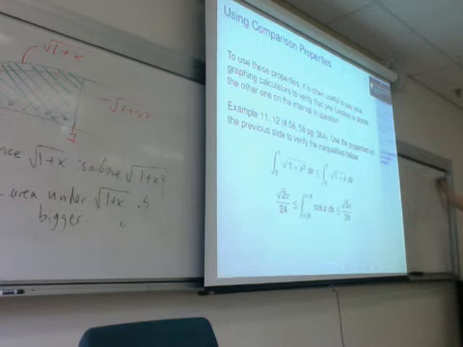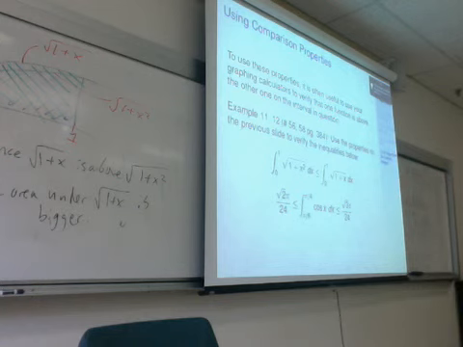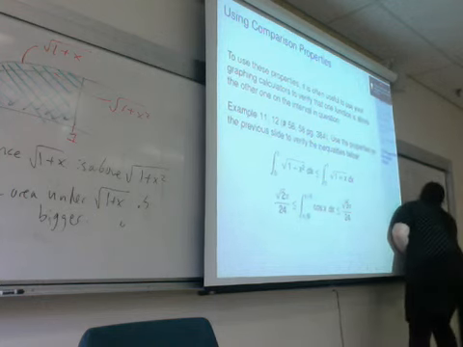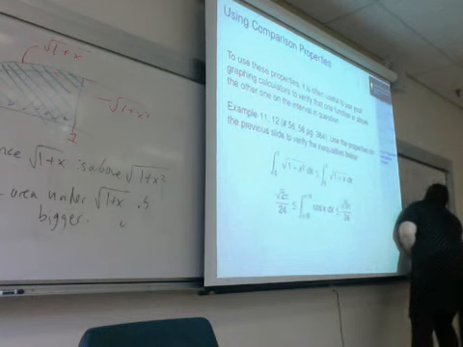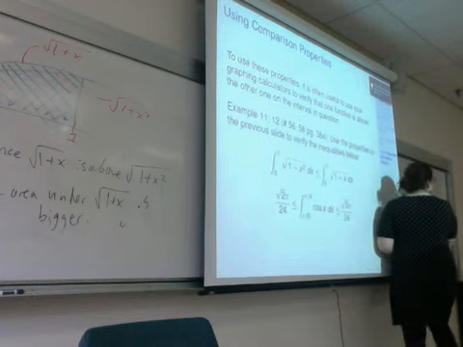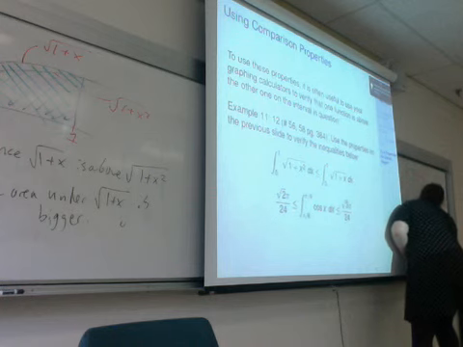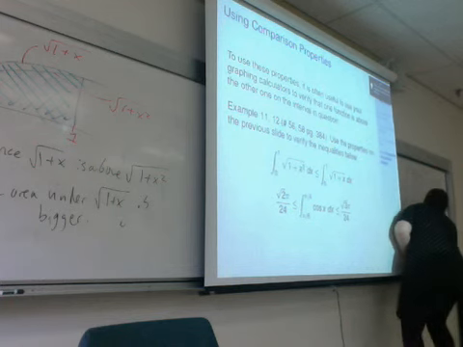So the blue height is cosine pi over 6, which is square root 3 over 2. And the width is pi over 4 minus pi over 6, which is 3 pi over 12 minus 2 pi over 12, which is pi over 12.